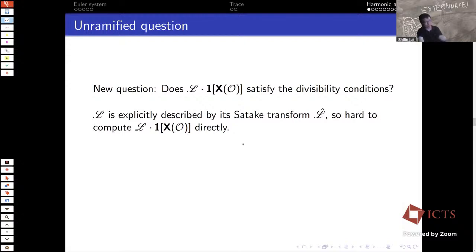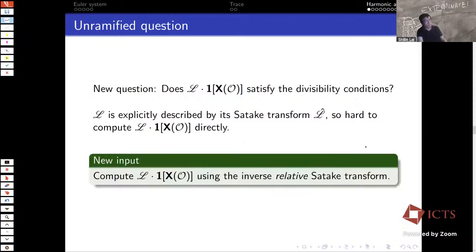It's some kind of product of 1 minus Satake parameter type. So since it's not given by explicit double coset operations, it's hard to do this computation in general. But another idea in your paper is we use the relative Satake transform to calculate the action of this Hecke operator.